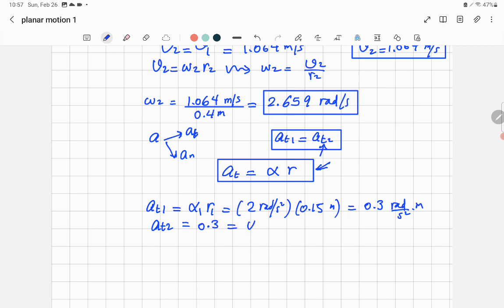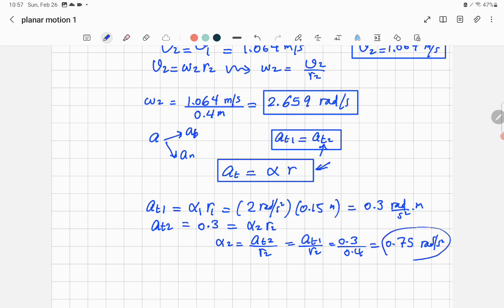At the same time it should be equal to alpha 2 R2. R2 is given, so I can get alpha 2. Alpha 2 will be equal to the tangential component AT2 divided by R2, which is AT1 divided by R2. AT1 is equal to 0.3 and R2 is equal to 0.4 meter. So I get 0.75 radian per second square.